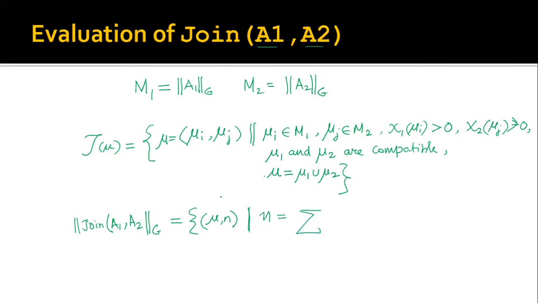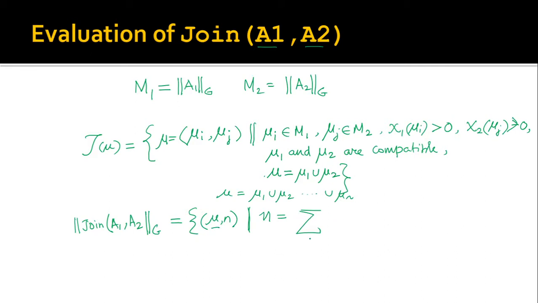So what would be your mu now? Your mu is basically the union of all the pairs that you can get. So this mu is that one, right? Now what would be your n?